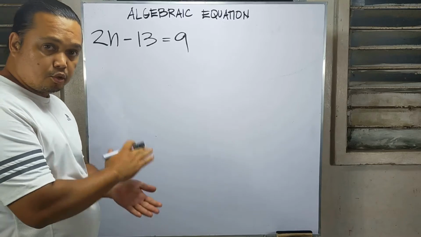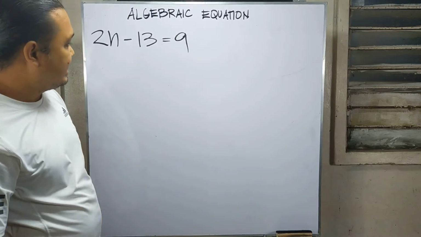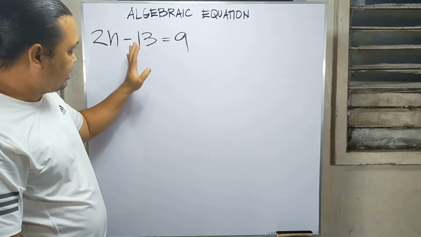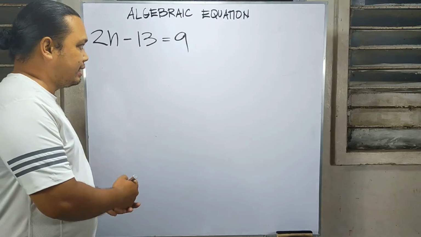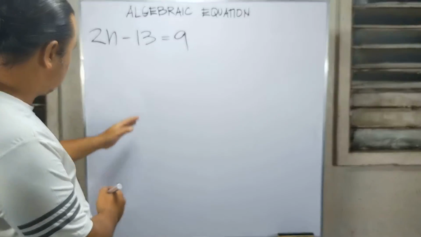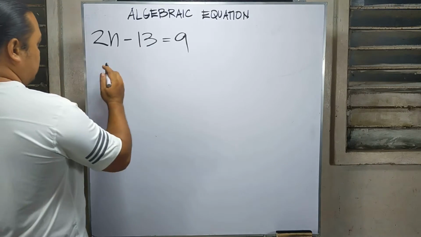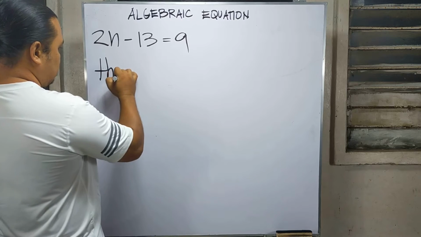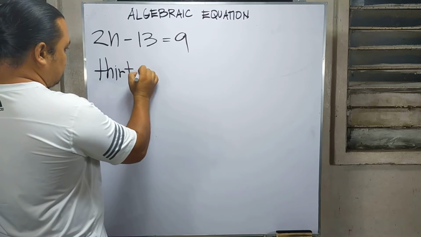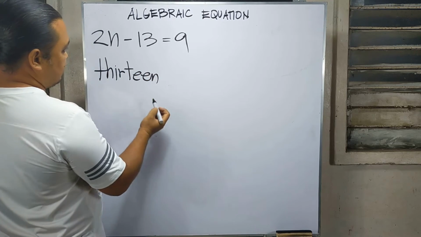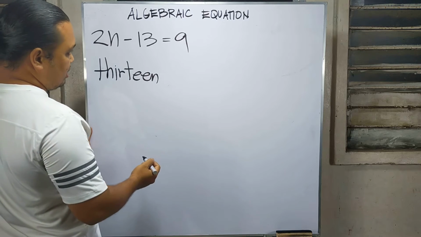So for our next example, we have 2n minus 13 equals 9. Now let's change this algebraic equation into a word phrase. Maybe we can start from here. So this is 13. Now 13, to write that number 13, and subtraction here is less.